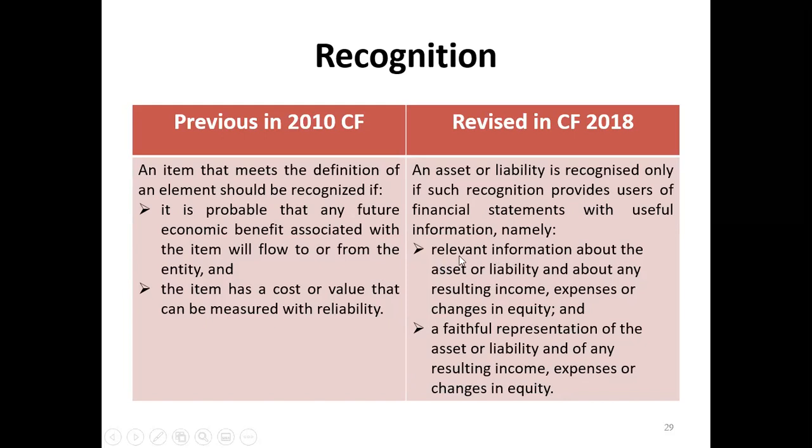Simply putting, the particular item of the financial statements to be recognized should provide relevant information, and the information must be faithfully represented. So it is about relevance and faithful representation, right?